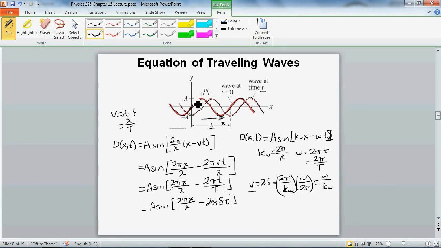And this equation, remember, is in two variables. It's in space and in time. You have to have both of those to be able to come up with the correct location and the correct where the peaks are going to be. This is kind of idealized.